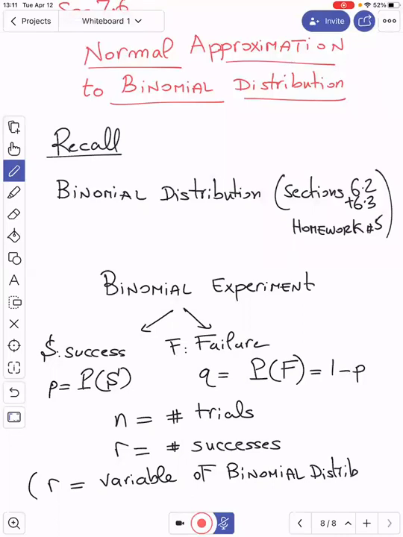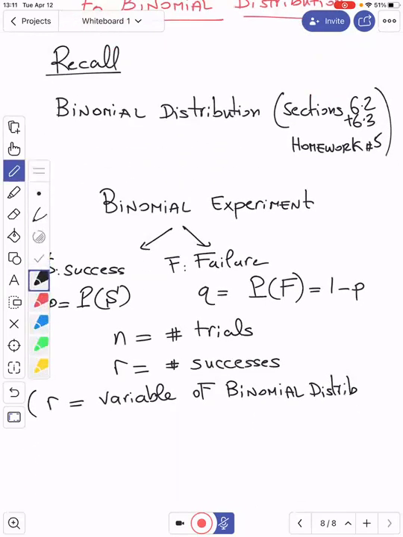For example, here, for the number of successes, you can compute the probability that r is 0, that r is 1, that r is 2, etc. So you assign a probability for each value of r, and that's what we mean by a probability distribution. Anyway, r is the variable of the binomial distribution.